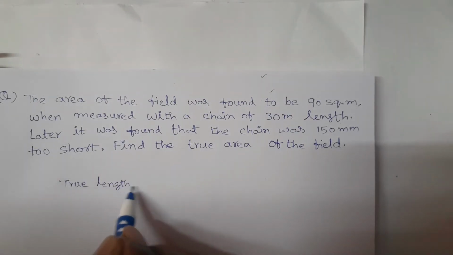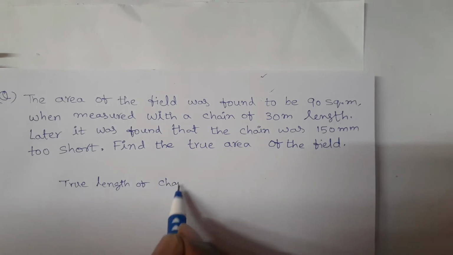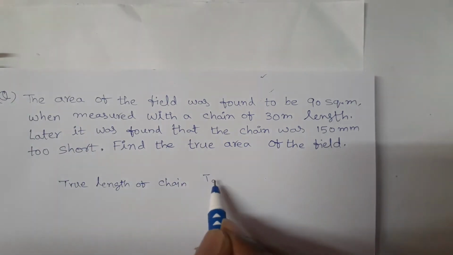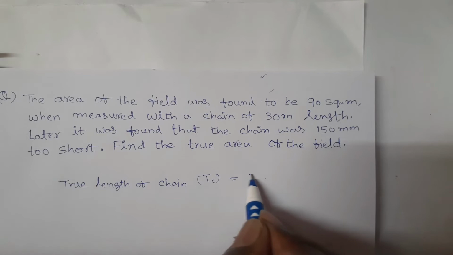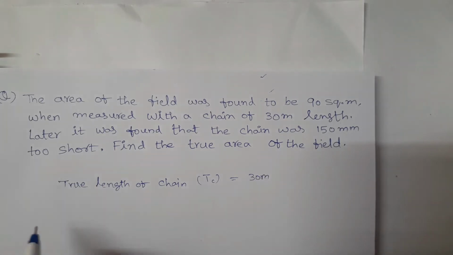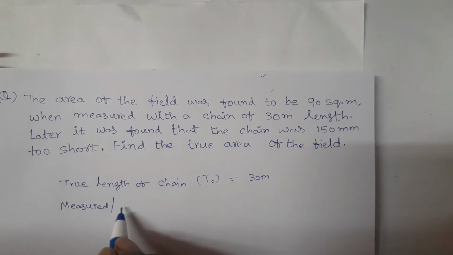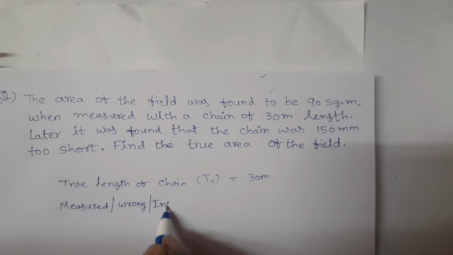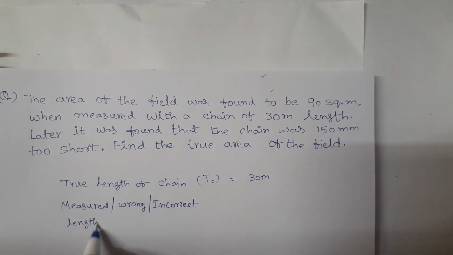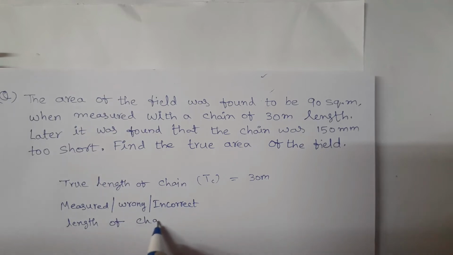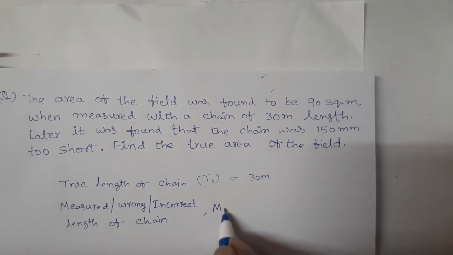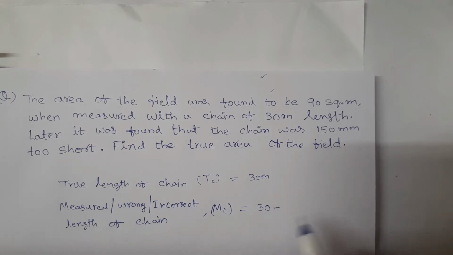True length of chain, TC, is equal to 30 meters. Measured or wrong length of chain, MC, is equal to 30 minus the error.